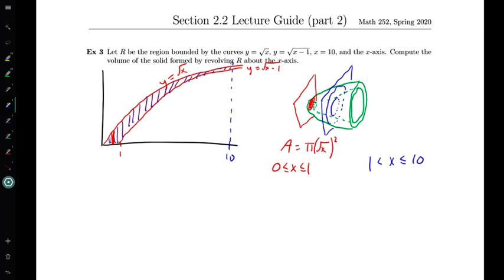It's going to have an outer radius and an inner radius, and the way it intersects this solid is that it's solid between the outer and the inner radius there.